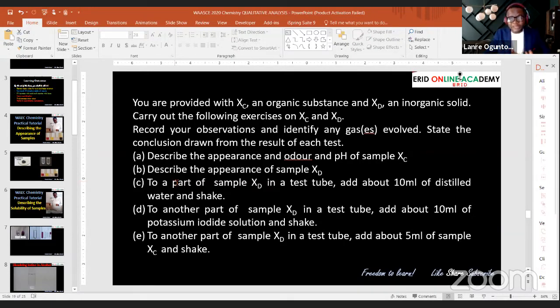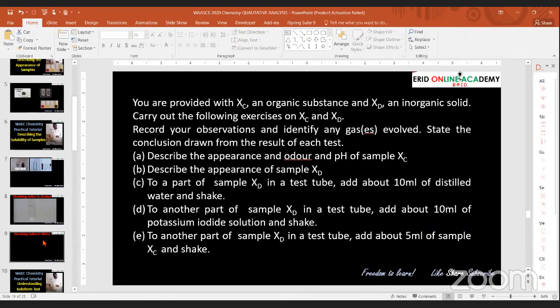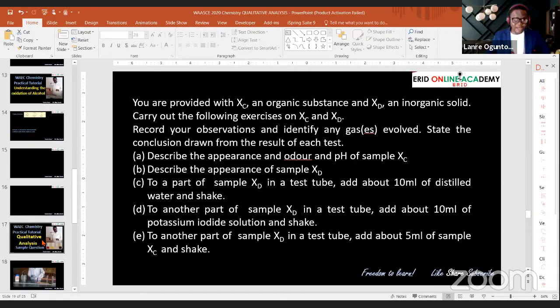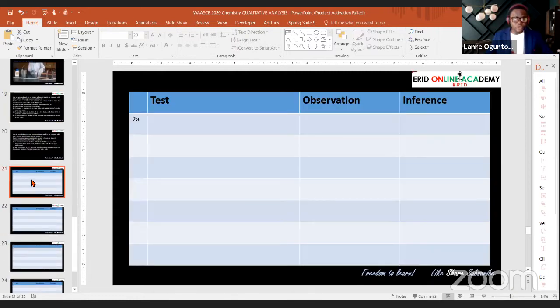What that simply means is that you are going to draw a table. When you get your question paper, the next thing you do is draw a table of test, observation, and inferences. This is what your table will look like: test, observation, and inferences. Now for your test column, what are you going to write?